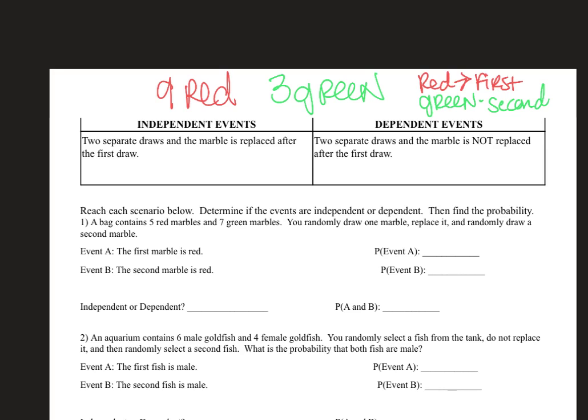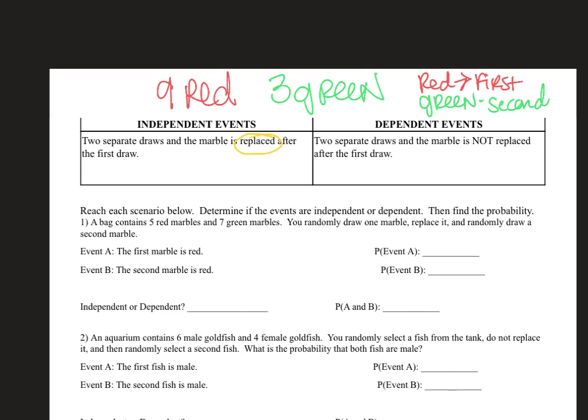Okay, so for the events to be independent, okay, that means it's going to be replaced. So I'm going to find the probability of a red, then a green. Okay, so to find that, I am going to, remember, it's multiplication.